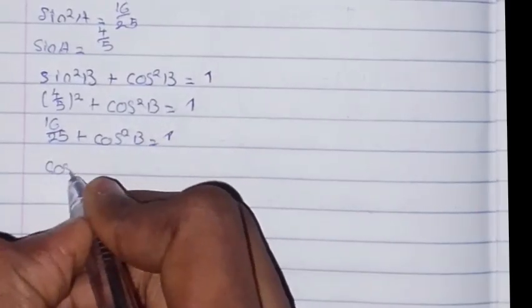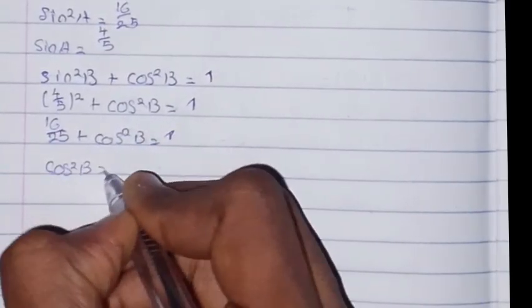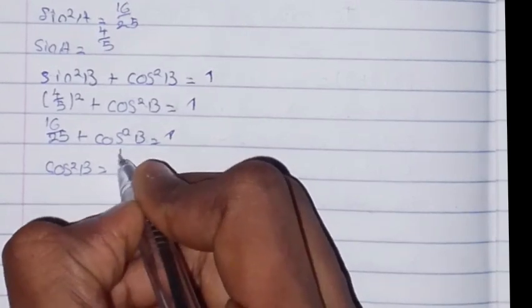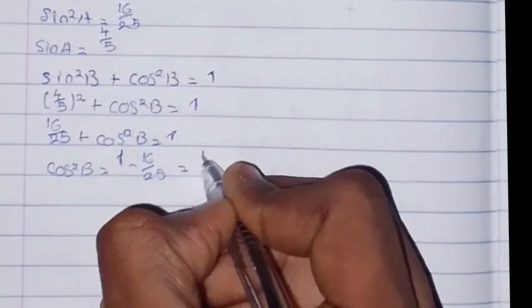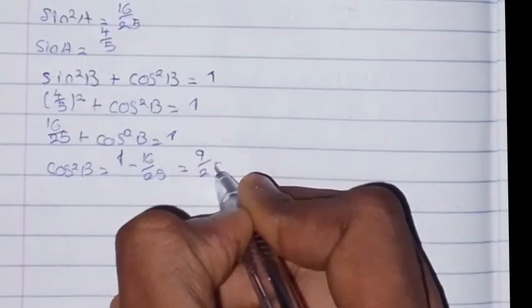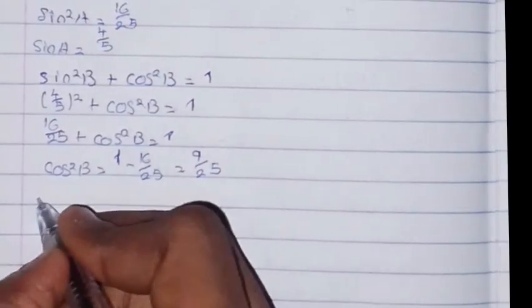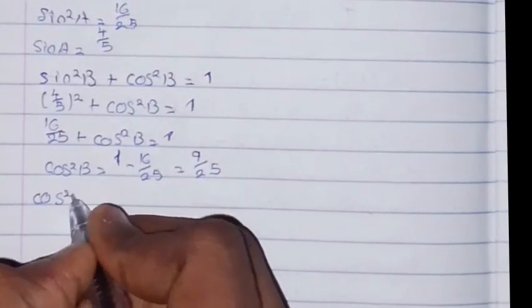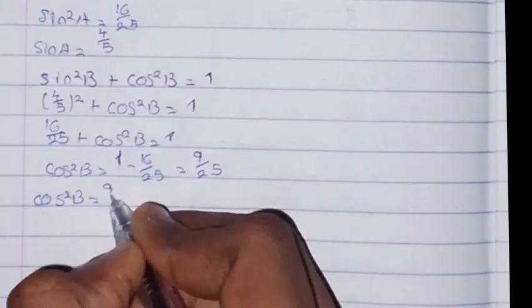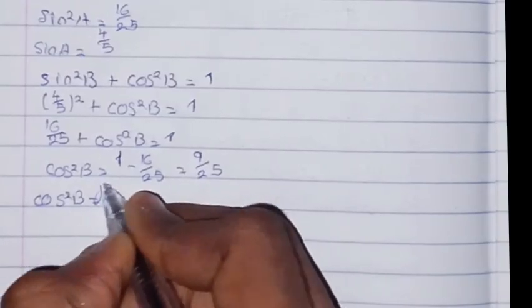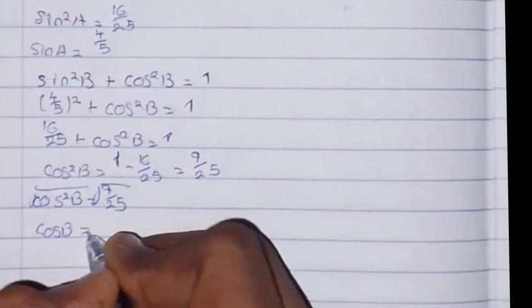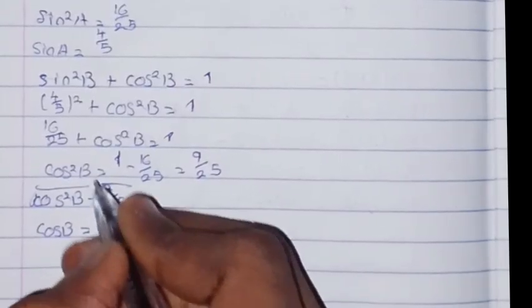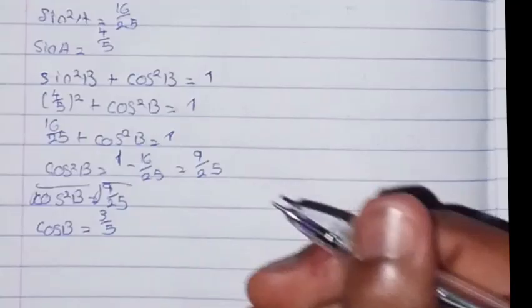So we can see that cos squared B is equivalent to 1 minus 16 over 25, which is equivalent to 9 over 25. Take the square root of both sides, and we get that cos B is equal to 3 over 5.